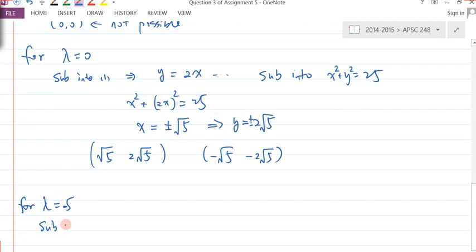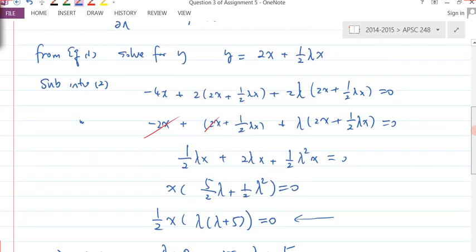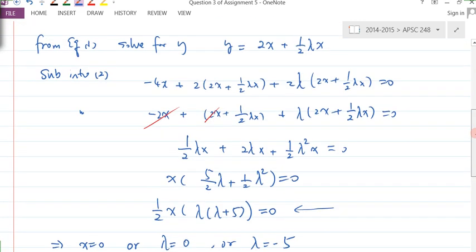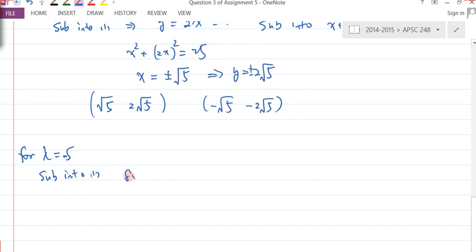So sub into 1, and we have, let me write it down, ax minus 4y minus 10x equal to 0, so that gives us negative 2x minus 4y equal to 0.